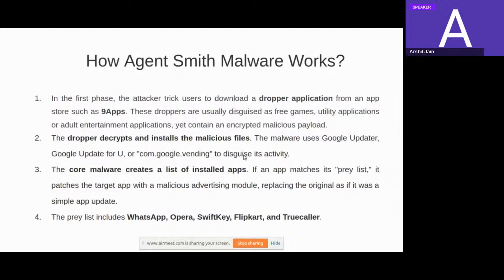So how does the Agent Smith malware work? In the first phase, the attacker downloads a dropper application from app stores such as 9apps. The dropper applications are usually disguised as free games, utility applications, or adult entertainment applications, and they contain the encrypted malicious payload.